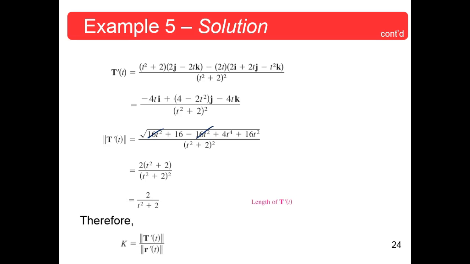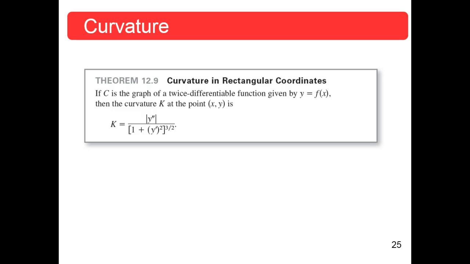But then when we divide that by magnitude of r prime, you get exactly what we did, 2 over t squared plus 2 squared. Okay, and that is your curvature at any time t.